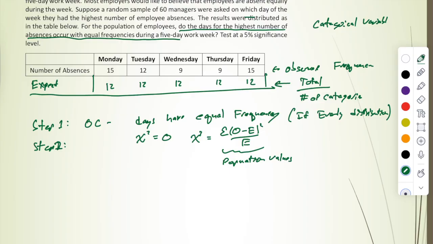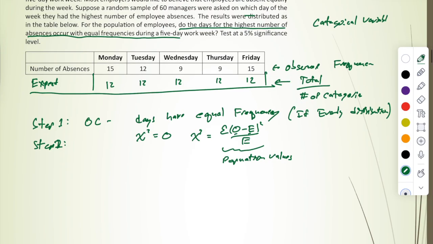So if the true sum of the observed minus the expected frequency is 0, then that means that O matches E in every category, right? This is a sum over the categories.